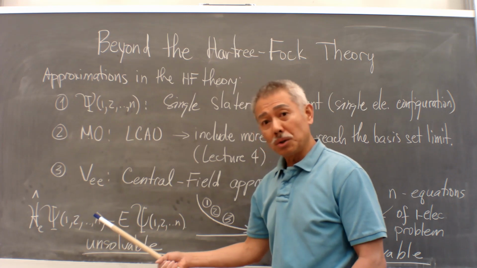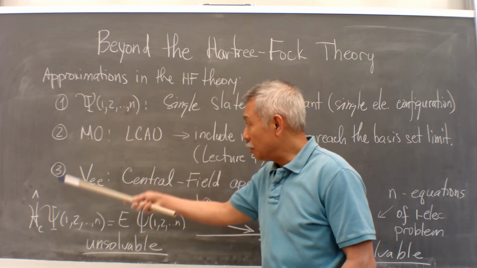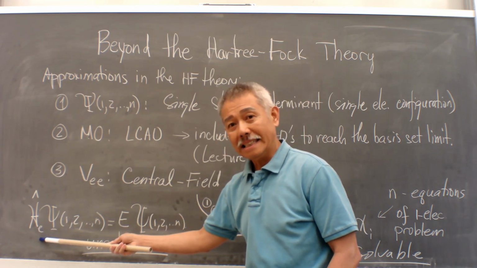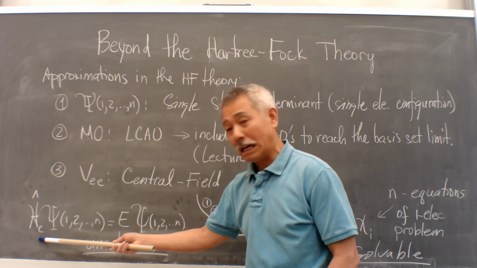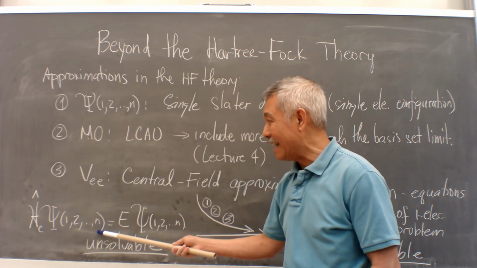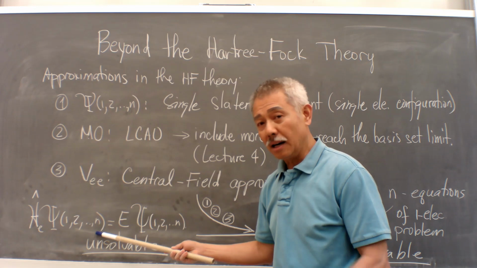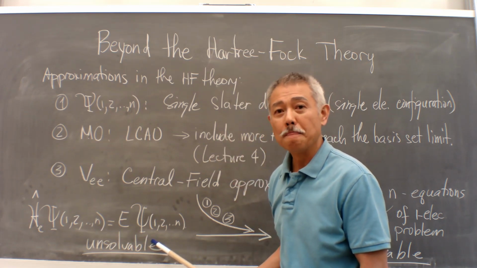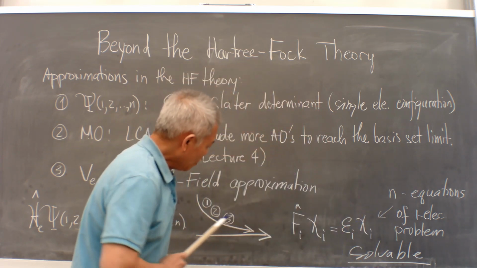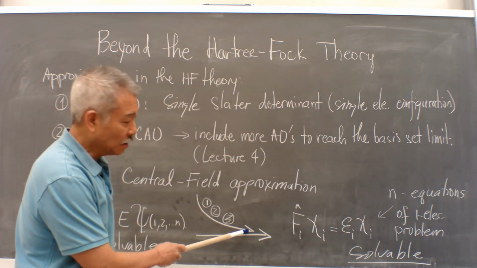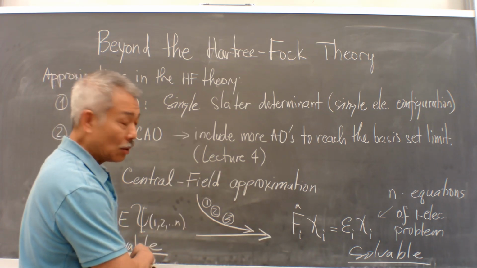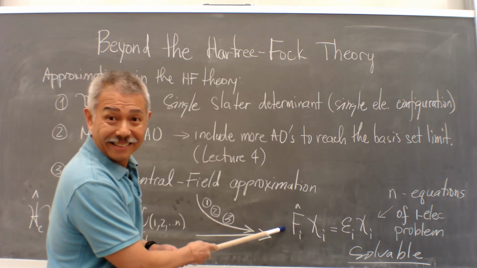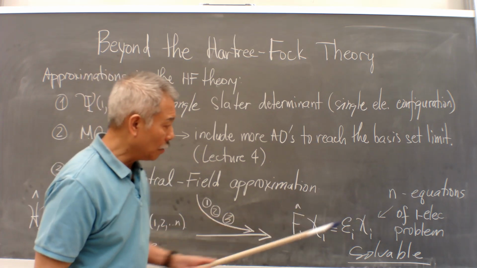When we introduce these three approximations, what we've done is that we started out with the electronic Schrodinger equation of the n-electron wave function, a single differential equation that is unsolvable. With the three approximations, we break the one n-electron problem into n one-electron problems.